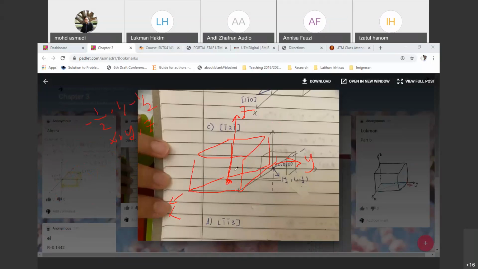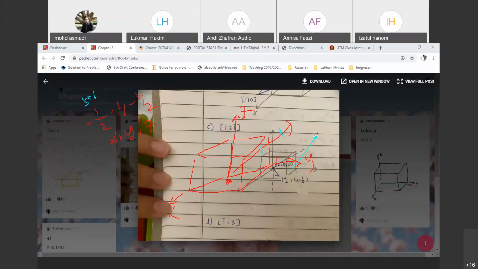Negative direction for x is going to be this direction. If this one is 100%, it's only 50%. And then y is positive, so this direction, 100%.